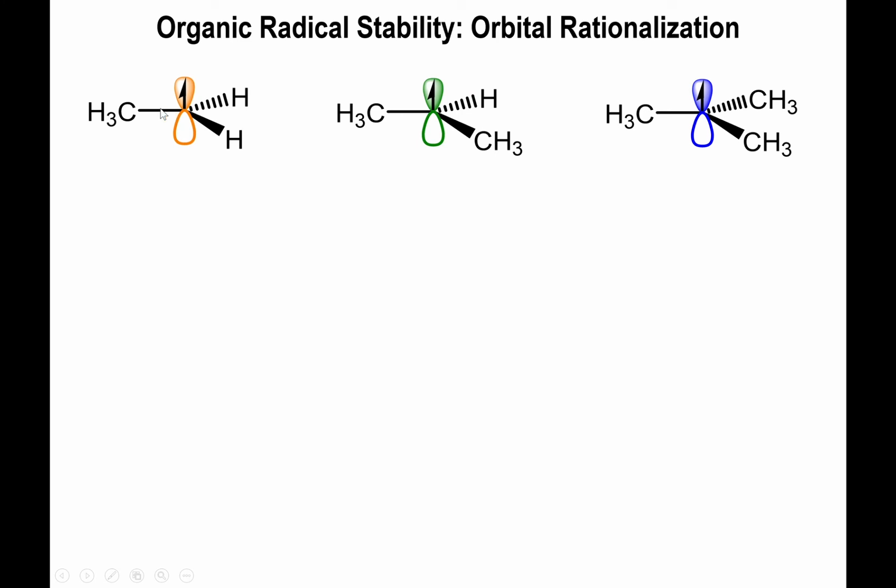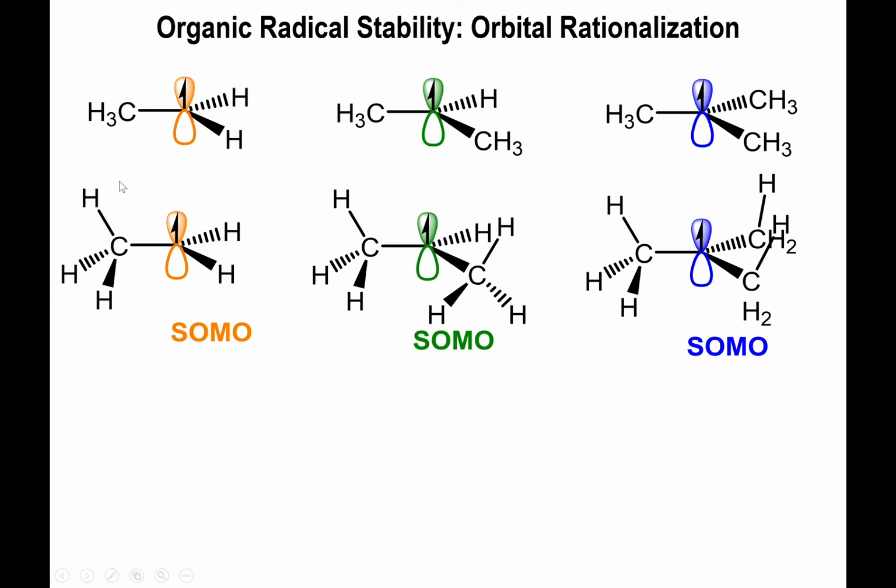But when you start looking at the primary substitution versus the secondary substitution versus the tertiary substitution, what happens is that now that you have that carbon-carbon bond, the carbon on the end has other bonds present. Specifically in this case, we're talking about carbon-hydrogen bonds. And if we draw them out in their typical tetrahedral shape, what you can see right now is that you have a carbon-hydrogen bond that at any given point in time is going to be present parallel to this empty, well, or semi-occupied p orbital.